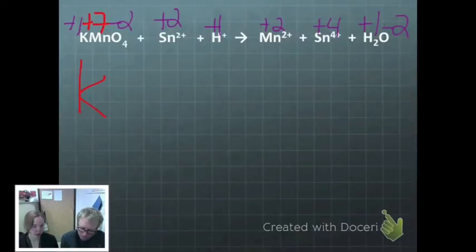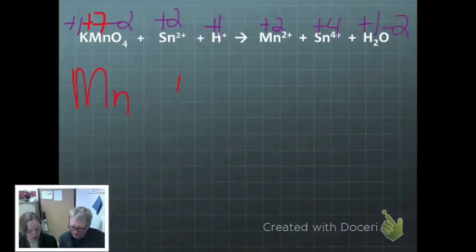So let's ignore our potassium for now. Then manganese started out as +7 and has become +2. I've got oxygen, and it started out as -2, and it ended up as -2. So nothing exciting has happened to oxygen.